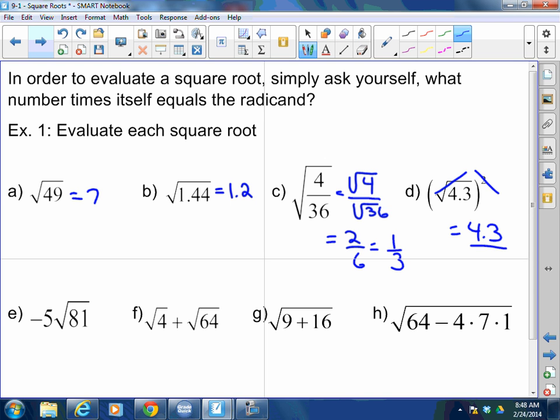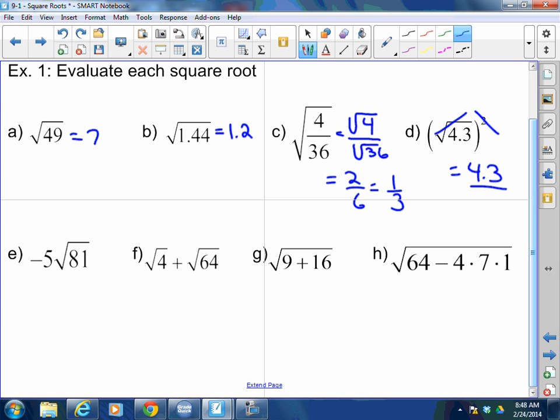Negative 5 times the square root of 81. Okay. You cannot multiply whole values or integer values into a square root. So you cannot do this. Oh, that's the square root of negative 405.